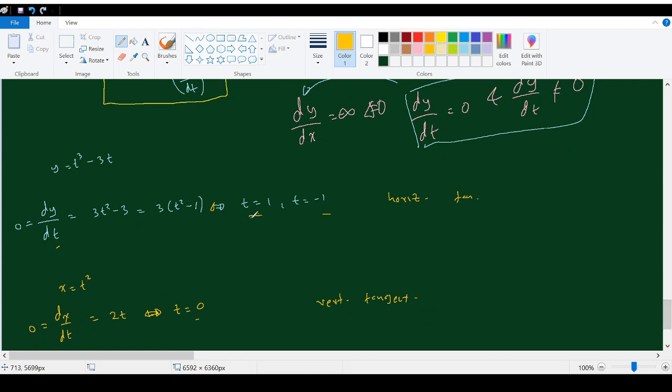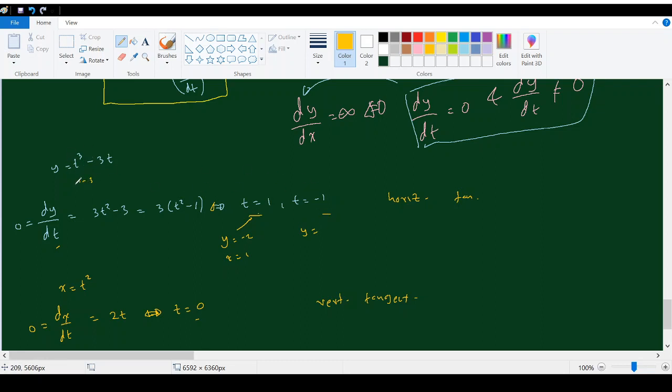And when t equals 1, you will get y. In order to obtain the x and y values, you need to substitute t equals 1 in this equation and this equation, right? So when you substitute 1 in here, you will get 1 minus 3, which is equal to negative 2. And then when you substitute 1 here, you will get x equals 1, and the same thing applies to negative 1 as well.